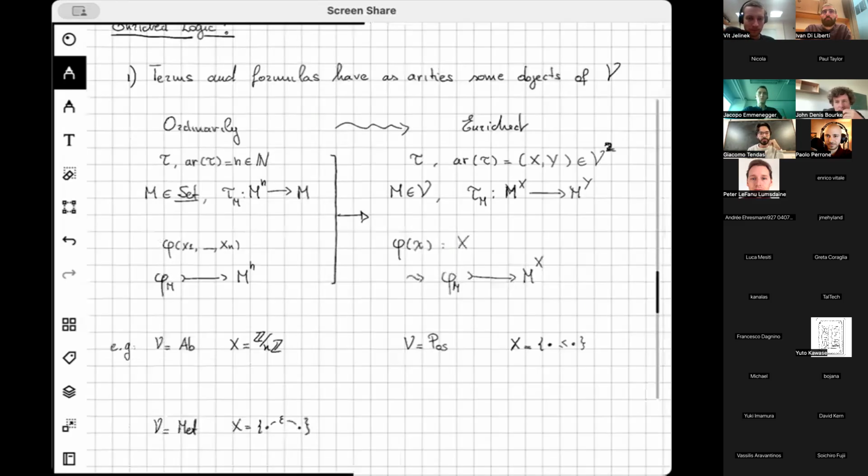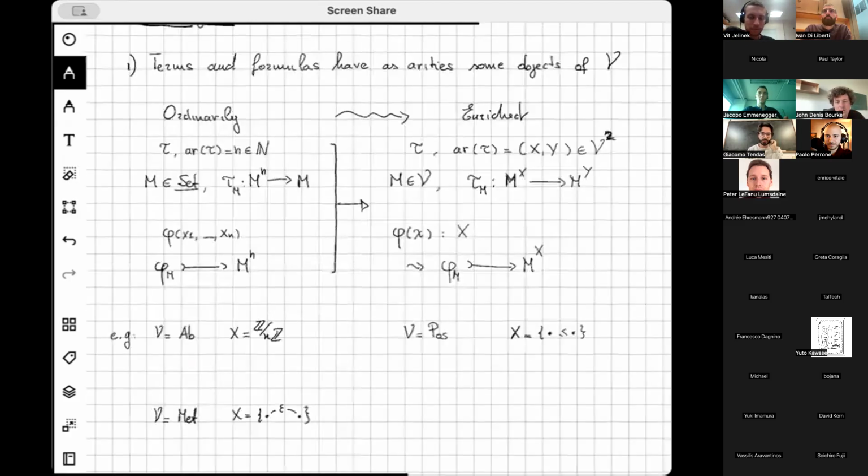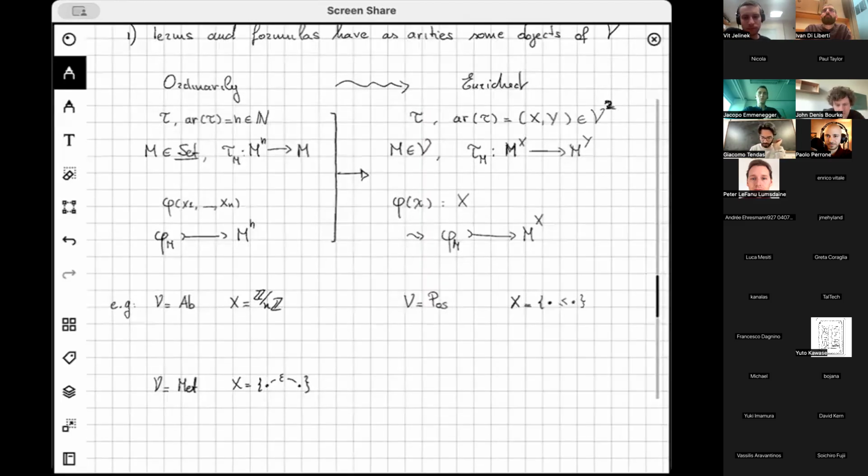So what changes with respect to ordinary logic is that you are allowed more freedom with these generalized arities. For instance, if you are in Ab, having an arity that is not just the free group Z, but Z/nZ, means that you can define an operation whose domain is not the whole M^n, but is the subgroup of all little m for which nm is 0.